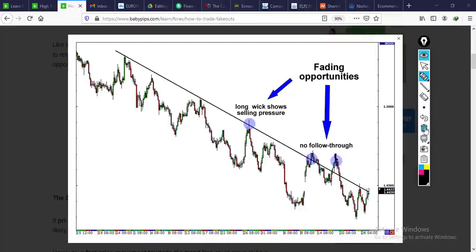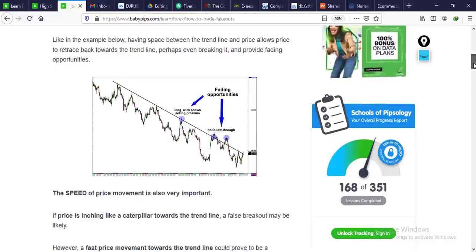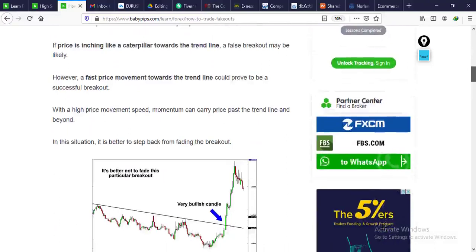This huge wick occurs because they pull out buy orders, or sometimes they let the buy orders in, and at other times they pull in huge sell stop orders around this area, and they close their buy orders at break even, and they enter sell orders. Any way they do it, I just don't know. I can't tell you how they trade, but we can understand how they trade from the chart. They are the ones making all those moves.